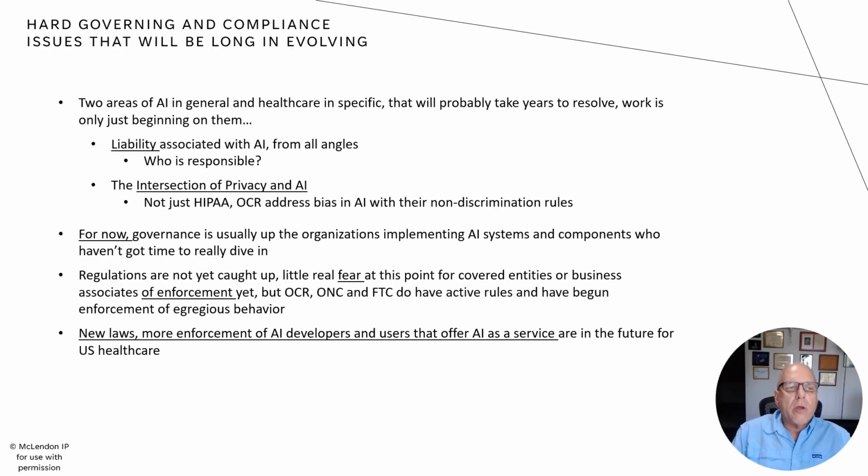Hard governing and compliance issues that will be long and evolving. There's a couple of areas in AI in general and for healthcare in specific that are going to take years to resolve. The work's only just beginning on them, but it's good to know that this is the state. Liability. What is the liability for different things in AI?